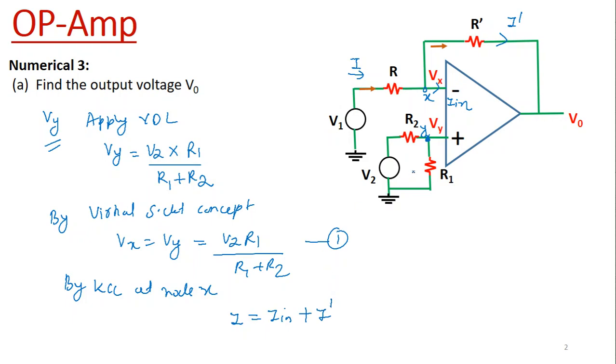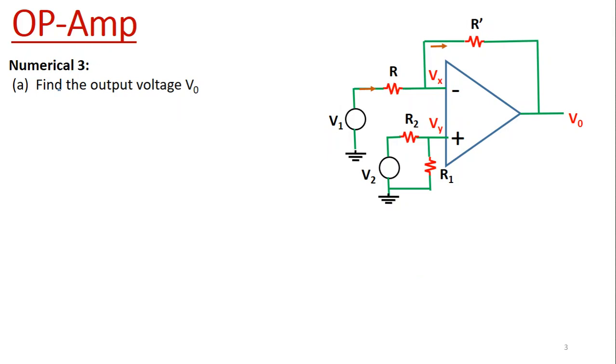We know that in the ideal operational amplifier input current is 0. Therefore we will get I is equal to I dash. From the circuit we find I is equal to (V1 minus Vx) divided by R, and I dash will be (Vx minus Vo) divided by R dash.